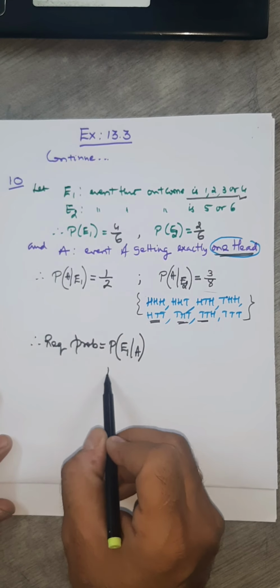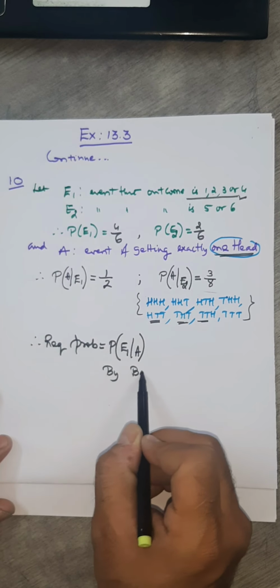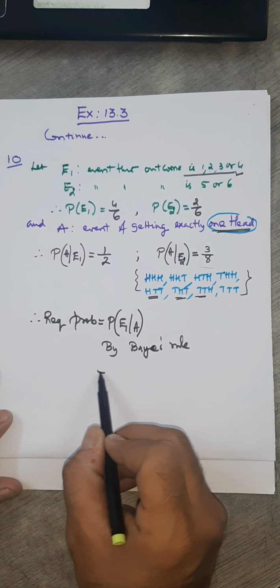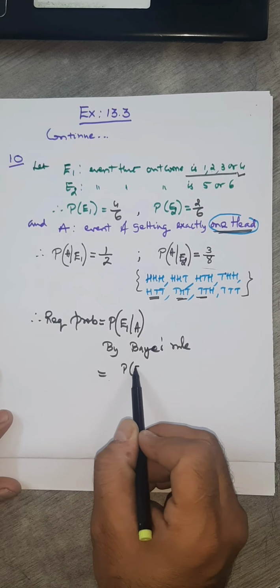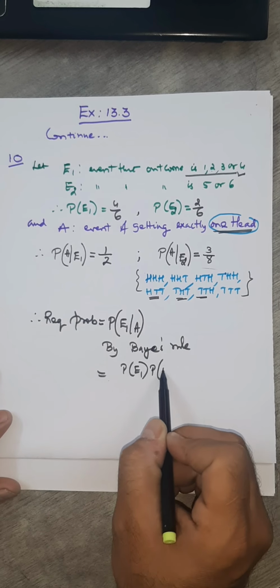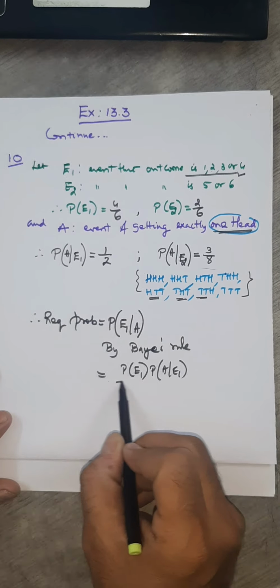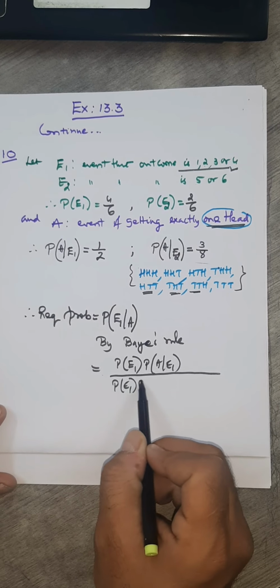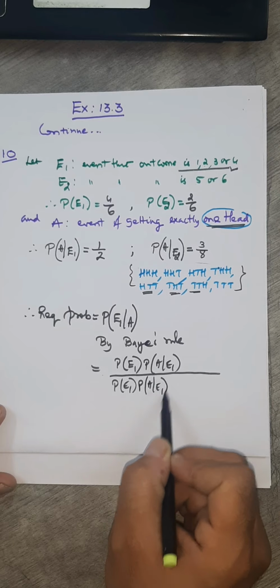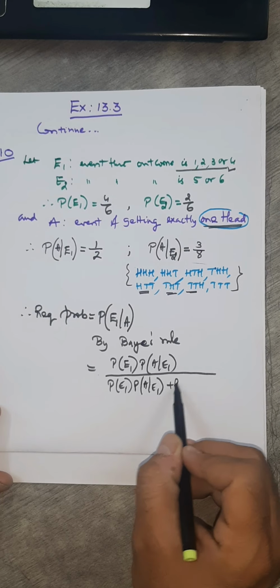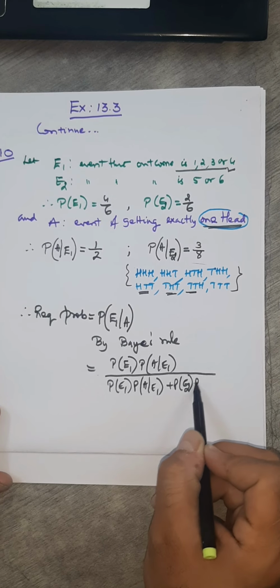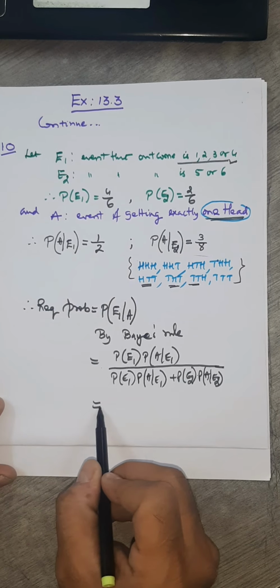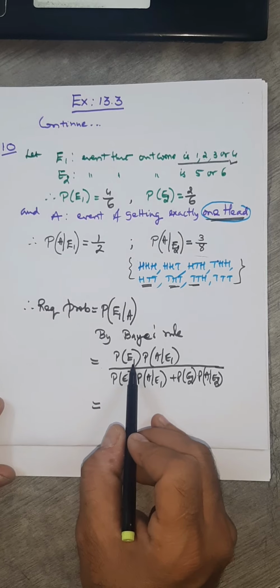Now you can answer this by Bayes rule. So by Bayes rule, let's answer. This is P of E1 into P of A given E1, upon, just write that expression, P of E1 into P of A given E1 plus P of E2 into P of A given E2. Let's place the values here. What is P of E1?